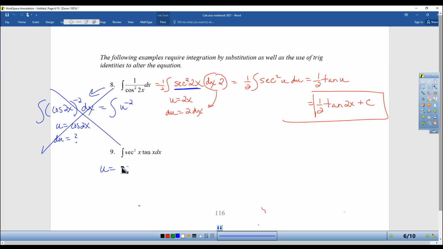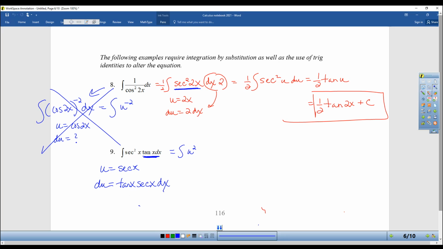So u is equal to secant of x, du is equal to tangent secant, or secant tangent, doesn't matter. Well, you might be thinking that's a problem because I thought I was going to make this u squared. But if you make this u squared, do you have what you need? I don't. I need a secant and a tangent.